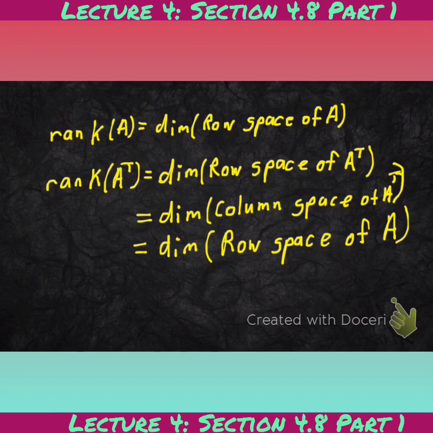And we know the dimension of the row space is the rank of A.